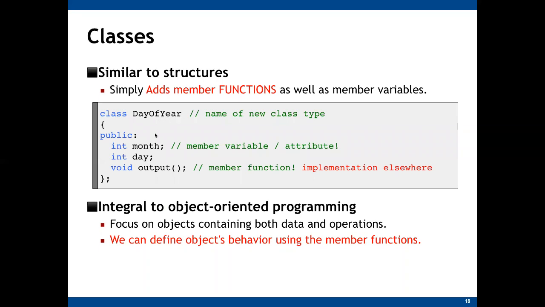And like structure definitions, you can declare member variables. Here, month and day are the member variables of the DayOfYear class. And here you can define member functions like this.